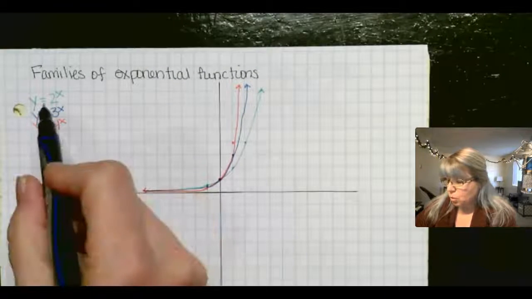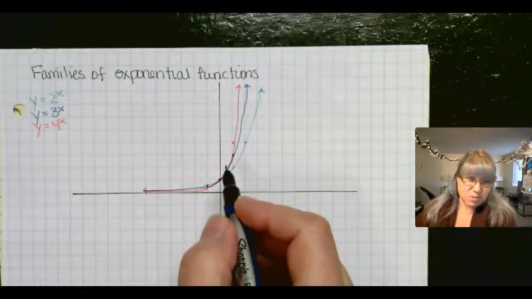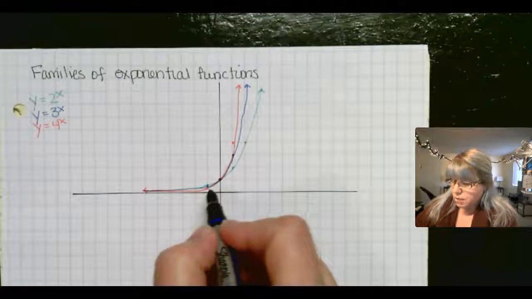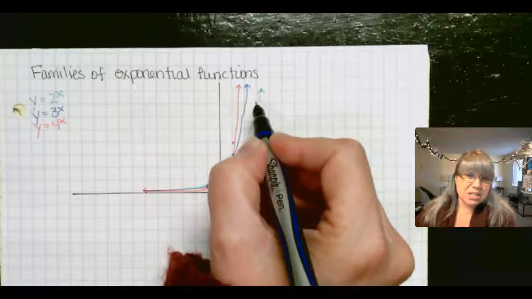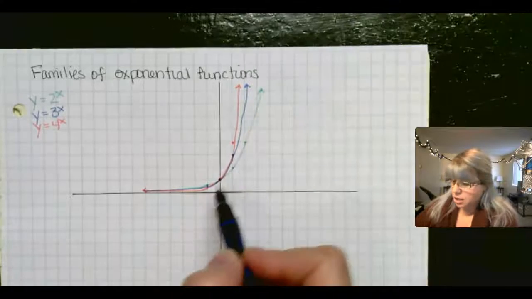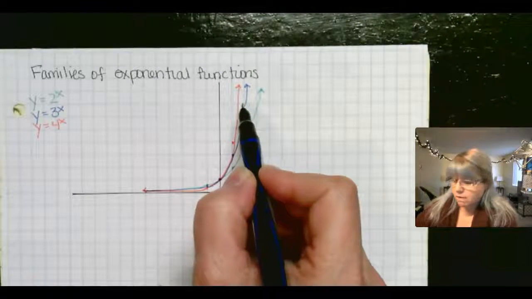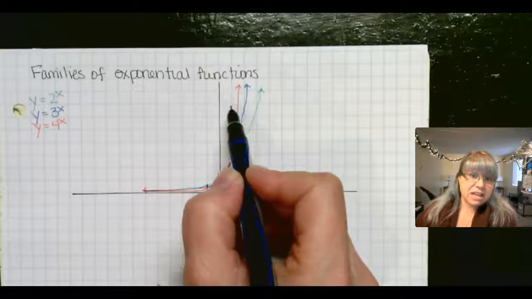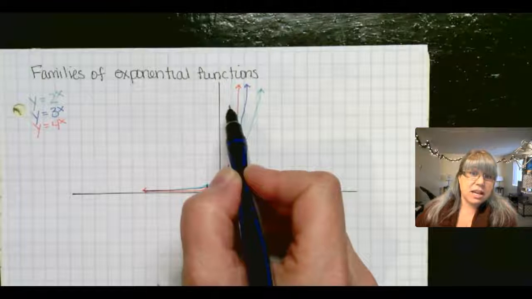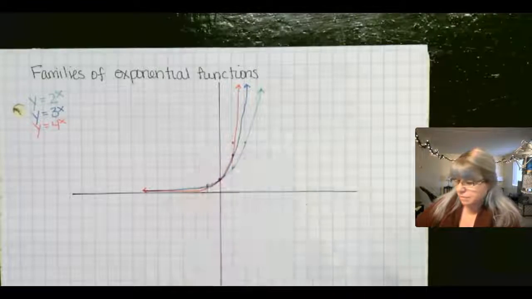If this was 1^x, then I'm growing relatively slowly. But 2^x is my green line. That's growing pretty fast. 3^x is growing a little bit faster. 4^x is growing even faster, and you can imagine 5^x is growing faster. The larger our number gets, the faster it grows.